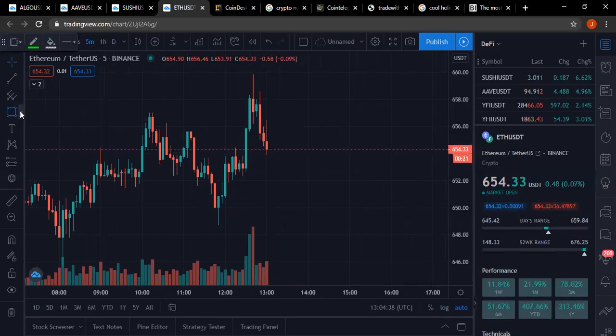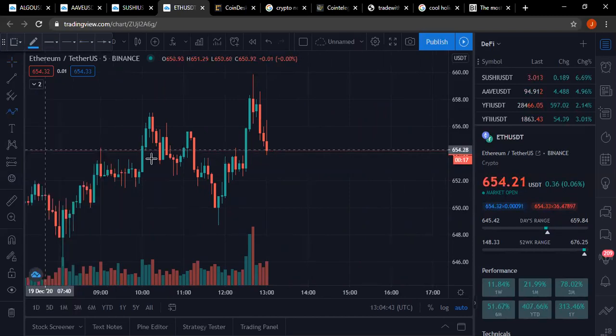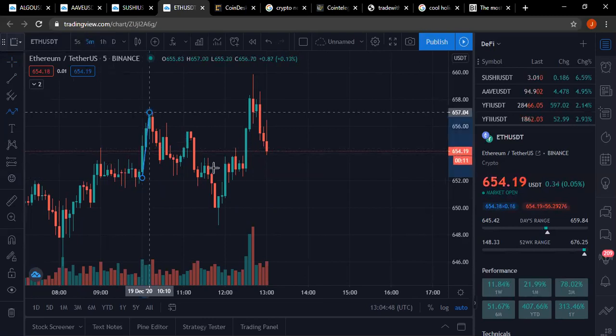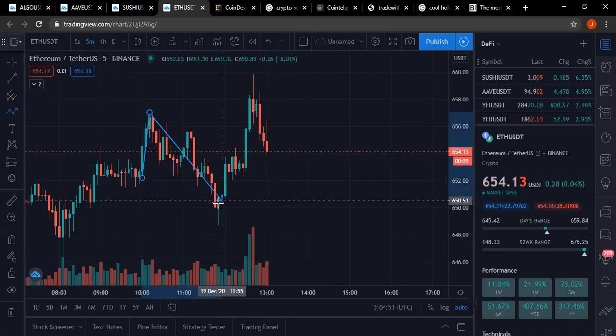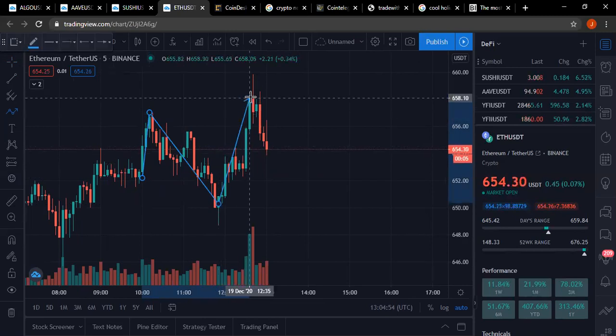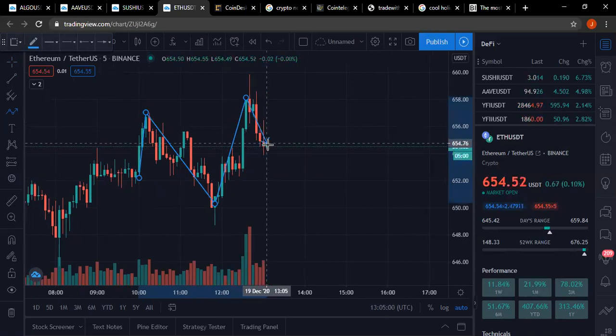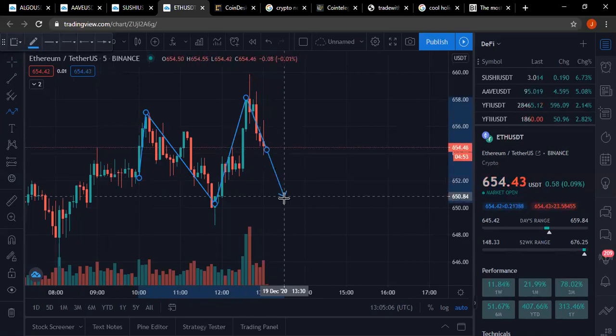Now, if you see a double top, you should be expecting a drop in the market. Let's say this is the first top. It gets to this point. It gets to this point. It goes up higher. Now it has given you a double top. So an experienced trader will say, I'm looking for short opportunities in this market due to the structure of the market. You understand? That's an added advantage.